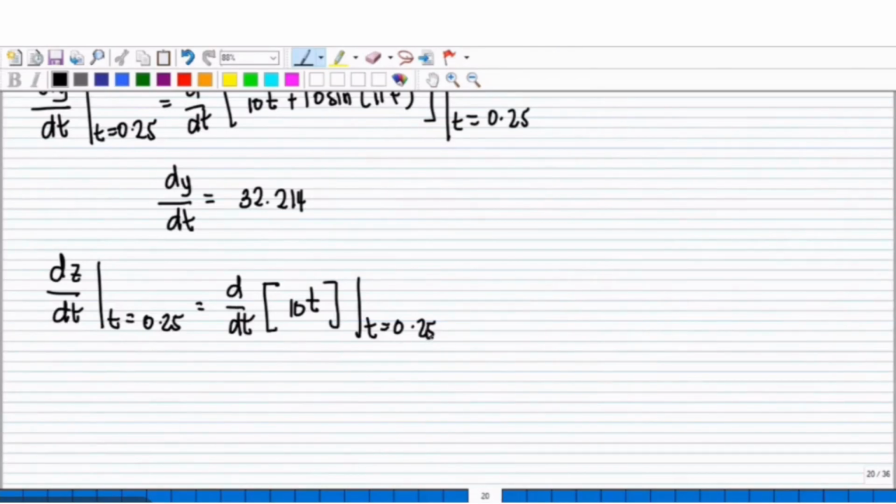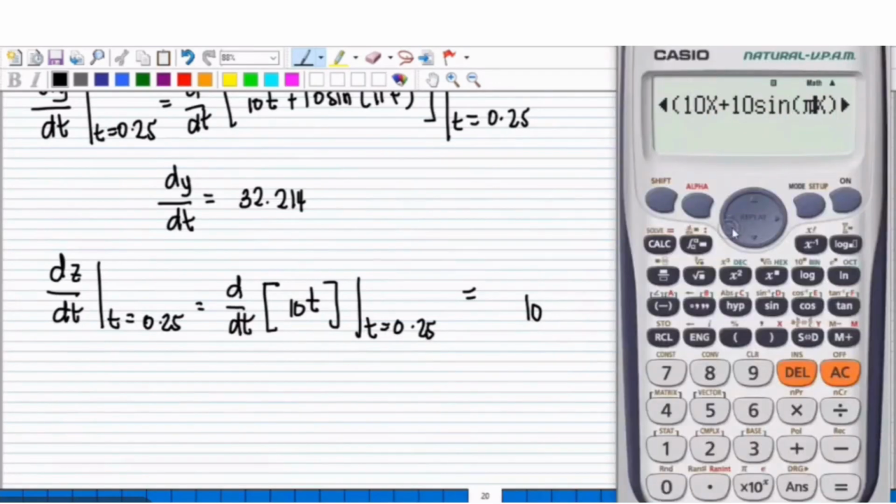So where t is equal to 0.25, that is equal to 10. Kung paki-check na kung 10 rin yung lalabas, 10x lang. Yeah, 10.